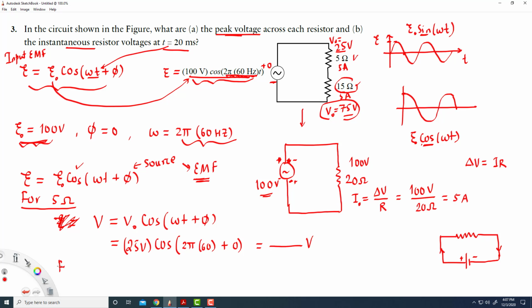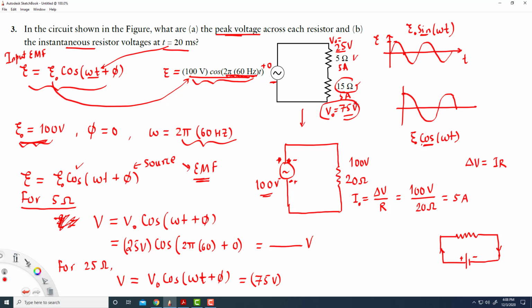Likewise, for 25 ohm resistor, the instantaneous voltage is given by V naught, same formula, cosine omega t plus phi. Okay, so V naught is 75 volts.